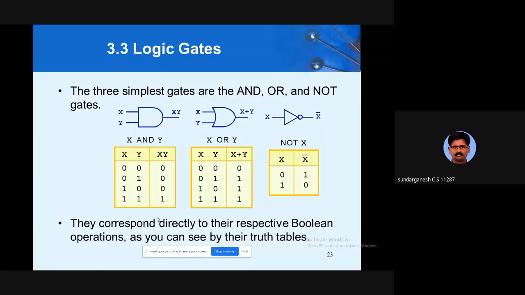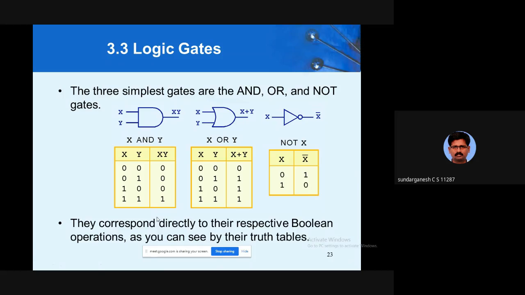Here, three simplest gates are used. One is AND, another one is OR, another one is NOT. In the AND gate, you have 2 inputs and only 1 output. Next one is the OR gate. The symbol is like a curved one. Here also the inputs are x y, x plus z.